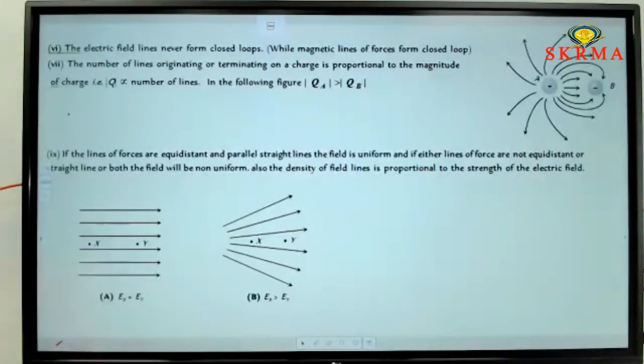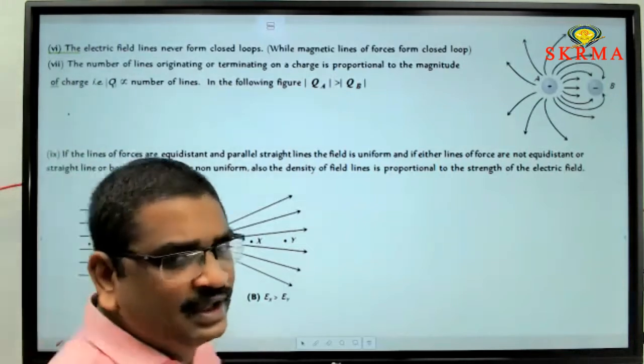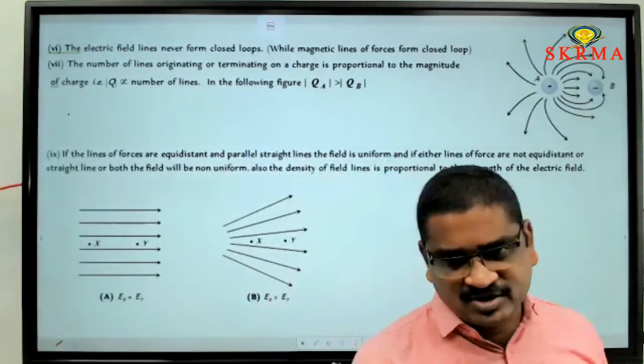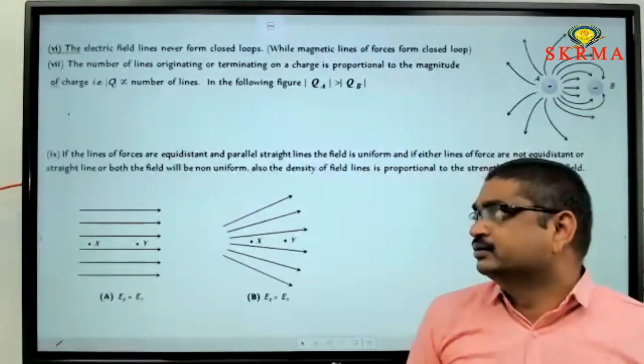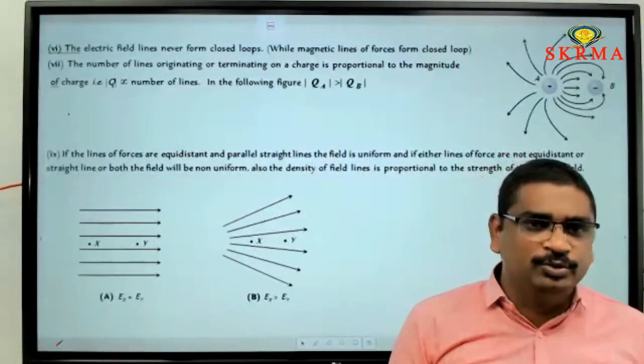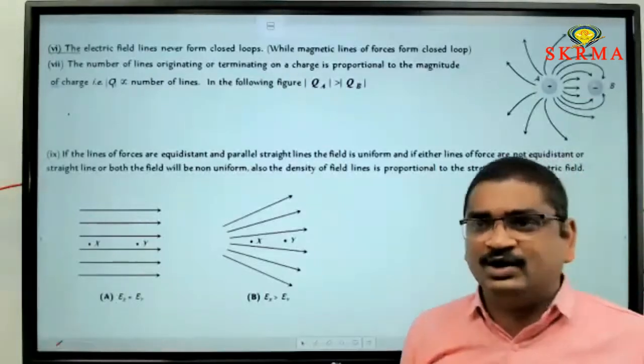Next one. Electric field lines never form closed loops. That means electric field lines start at a positive charge and end at a negative charge, but they never form a closed loop.